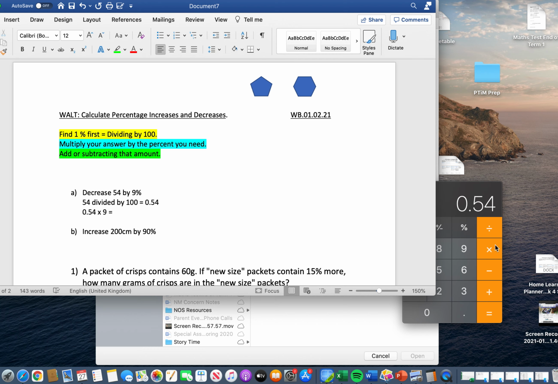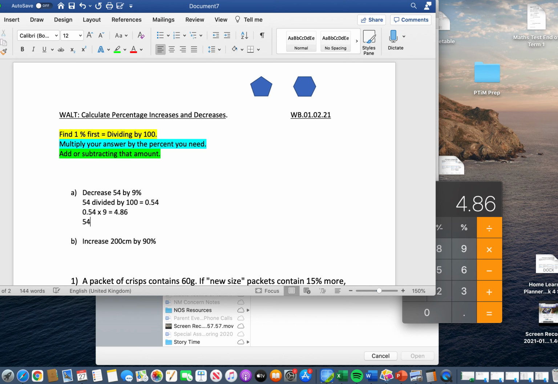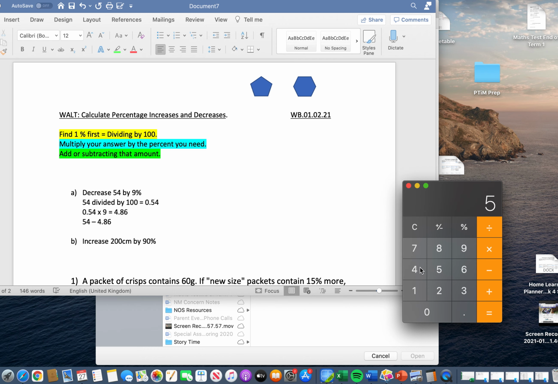So we're going to subtract this time. So instead of adding 4.86 to 54, we're going to subtract 4.86 from 54. So 54, take away 4.86. You may use your calculator for that. 54, take away 4.86 equals 49.14.